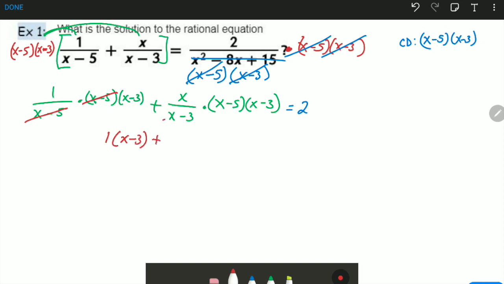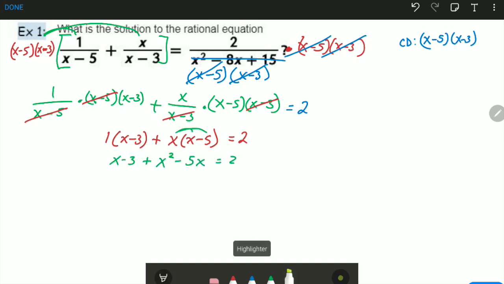And on the other side, the x minus 3's cancel, leaving us with just x times x minus 5 equal to our 2. We're going to have to go ahead and simplify those before we can actually determine which steps we need to take to solve. So 1 times x minus 3 is x minus 3, and distributing my x through, we'll have x squared minus 5x.